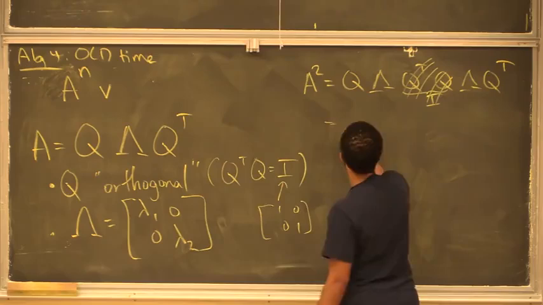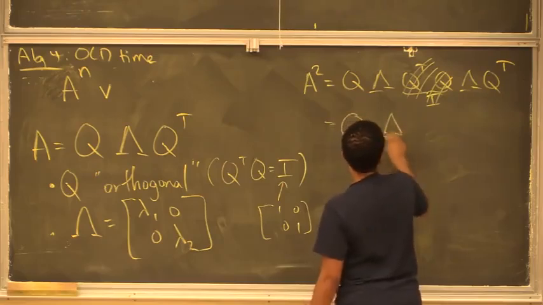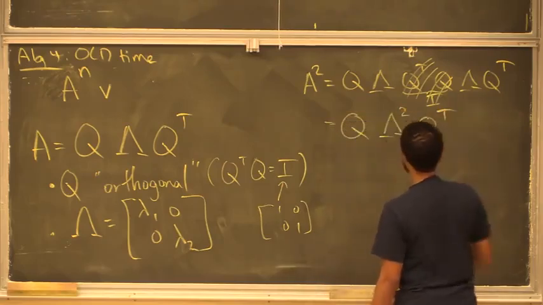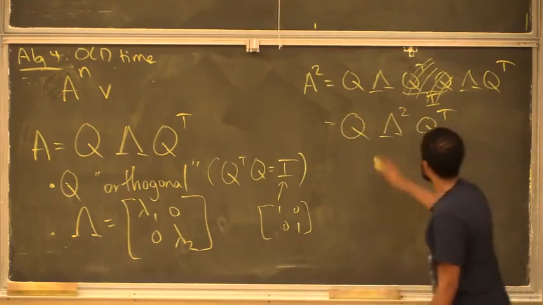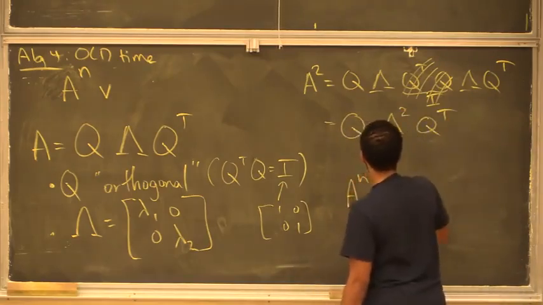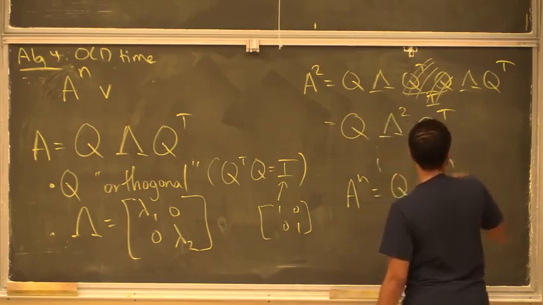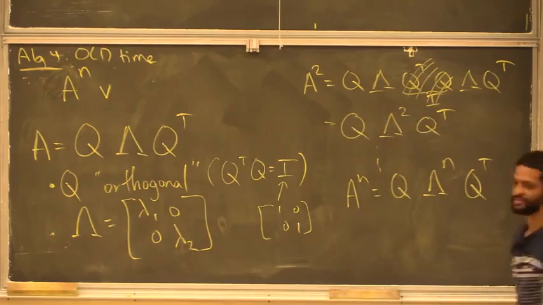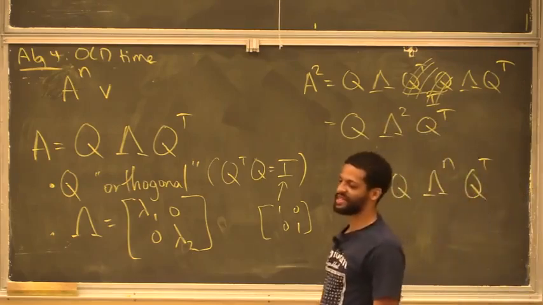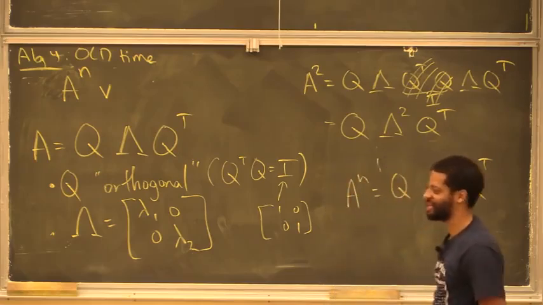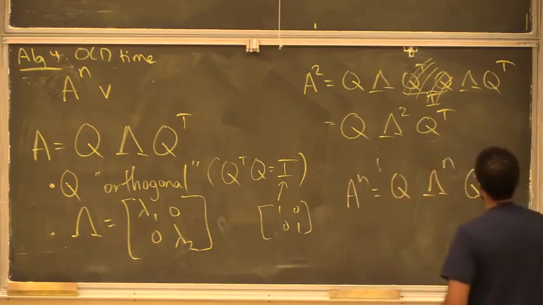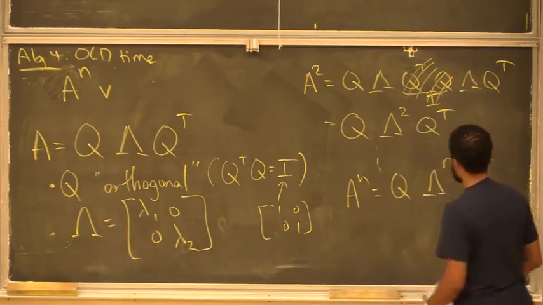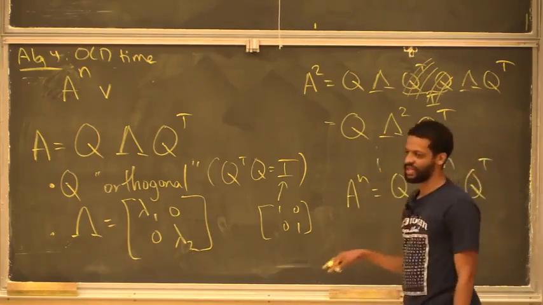So this would just be Q lambda squared Q transpose. More generally, A to the n is just Q lambda to the n Q transpose. This isn't going to be exactly constant time. Actually, it's more like log n, but you'll see what I'm going to say. So we just need to find this kind of decomposition.